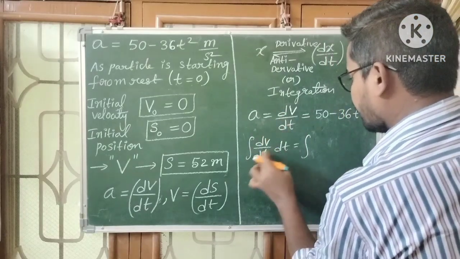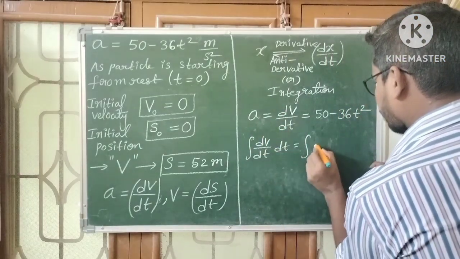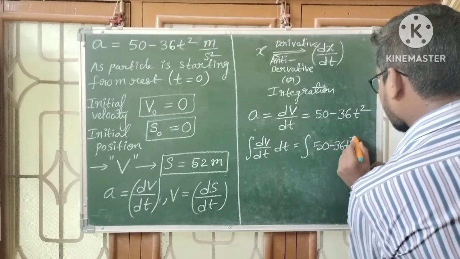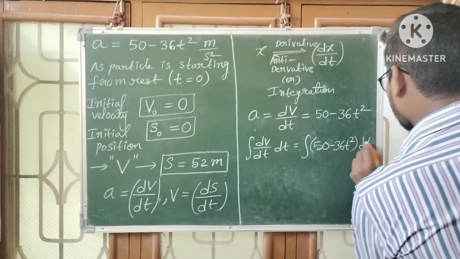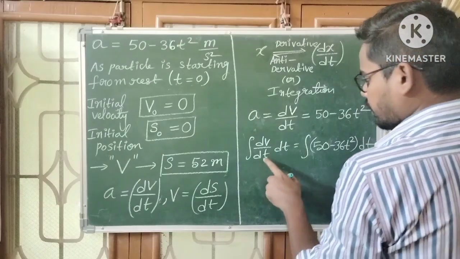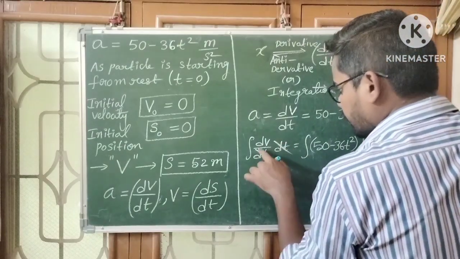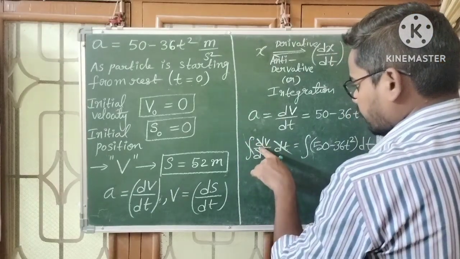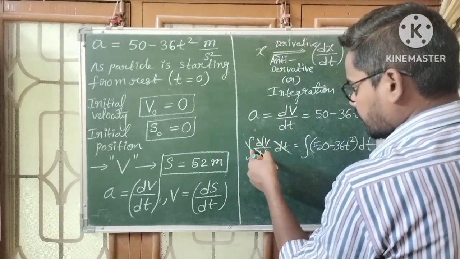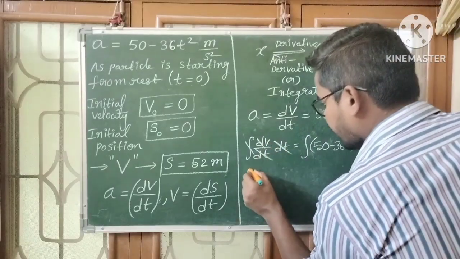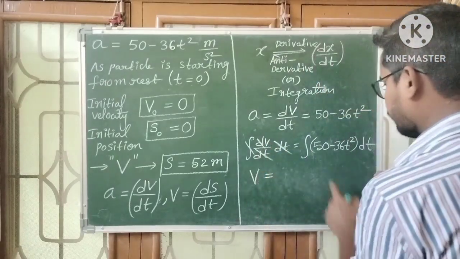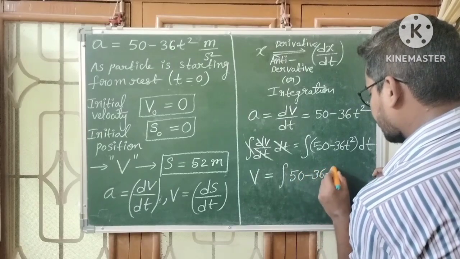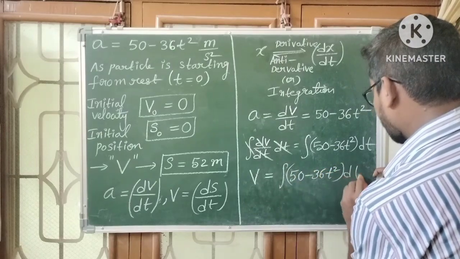So the integral of dv/dt with respect to t equals the integral of (50 − 36t²) dt. We know that the derivative and integral cancel, since the reverse process of the derivative is integration. We get v, velocity: v = ∫(50 − 36t²) dt.